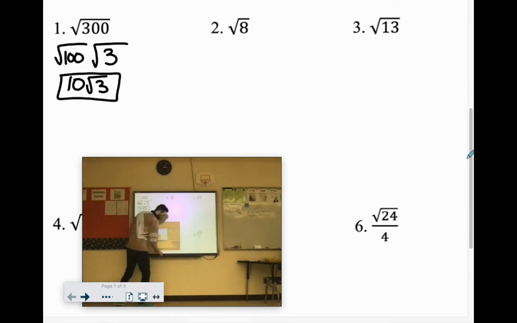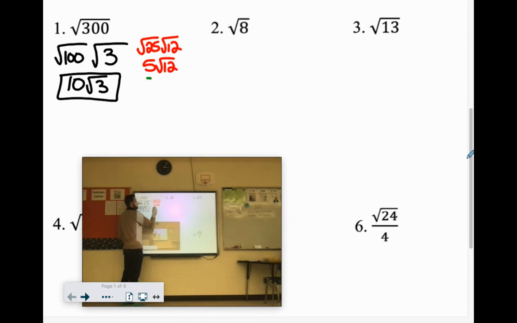Another way, if you didn't know that 100 went in there, but you're like, okay, I know that 25 goes in there, you can say that's 25 times 12. The square root of 25 is 5, so we'd have 5 root 12, but oh me, oh my, 12 still has a perfect square in it.